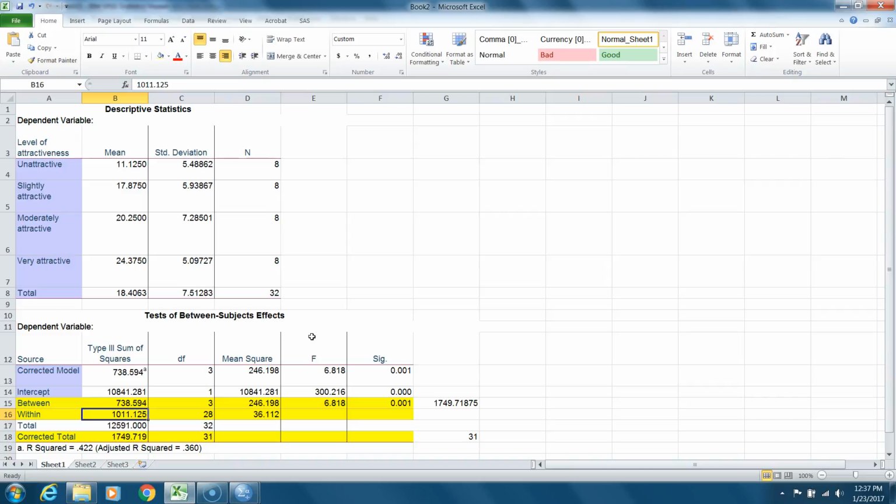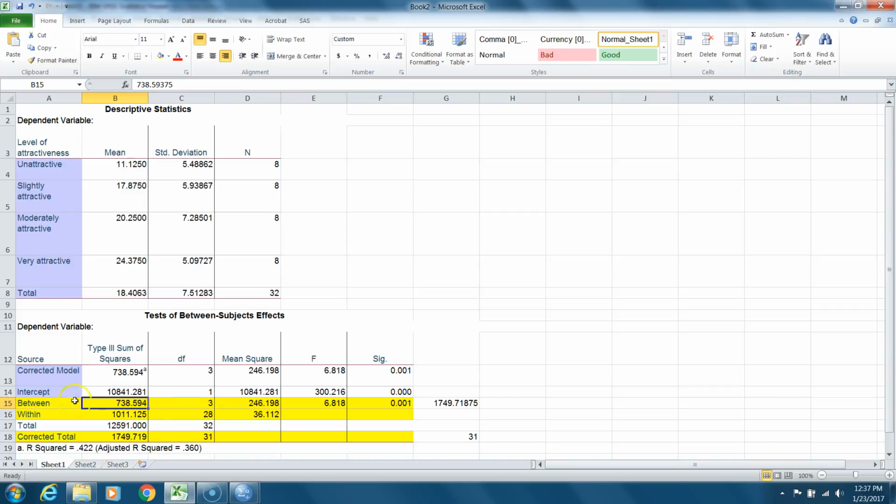Other things that we do with this table is we get our mean squares. Our mean squares is just like a variance estimate. Matter of fact, I think of mean squares as a variance estimate, and we'll see in the class and in other videos how we discuss that. Basically, we're taking a numerator, the sums of squares, which is just like the numerator of a variance model, and we take the relative denominator.